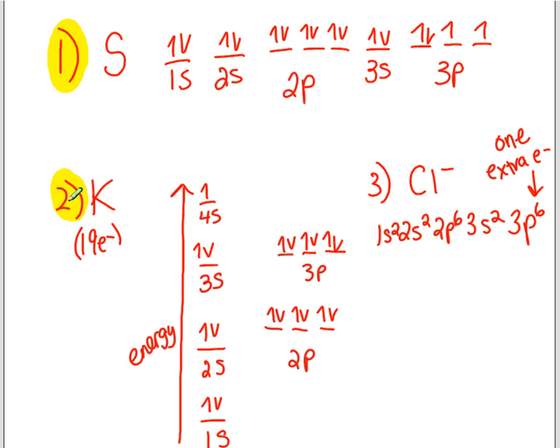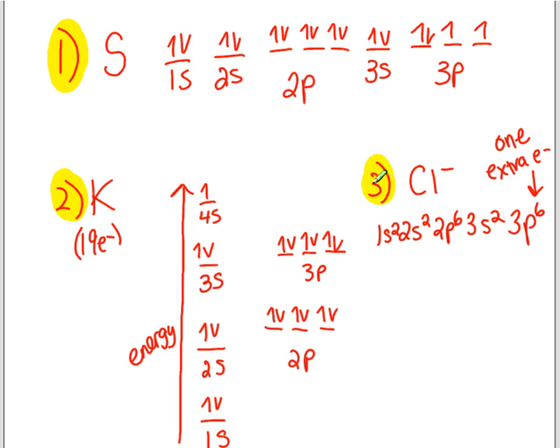So for potassium, potassium has 19 electrons. So we start at 1s, then 2s. Make sure 2p is higher than 2s. Make sure 3s and 3p are also slightly different in energy level. That's really important to note with this one.